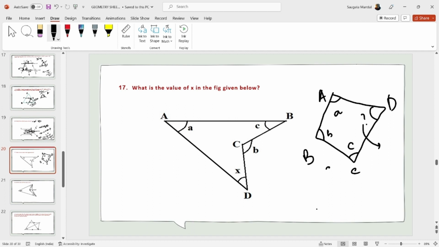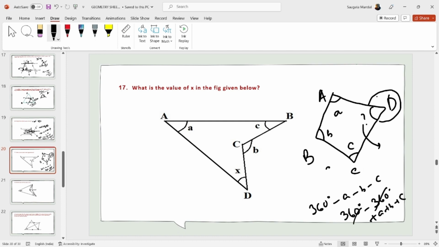This must be 360 degrees minus A minus B minus C. And what is the value of this angle? This angle must be 360 degrees minus 360 degrees plus A plus B plus C.